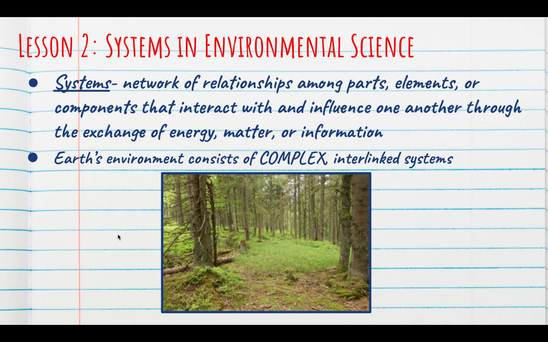So lesson 2 is all about systems in environmental science. And the definition for systems is long. The ironic thing is the relationship that exists in systems is also technically long. It's really complex. Any sort of a system, when we're talking about the environment, is a network of relationships among parts, elements, or components that interact with and influence one another through the exchange of energy, matter, or information.